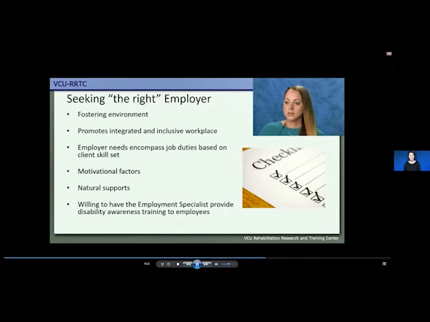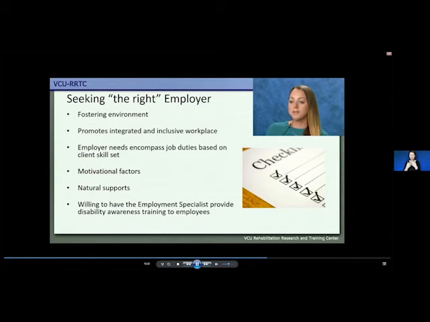So during the process of seeking the right employer, this is the job of the employment specialist or vocational rehabilitation counselor, going through the process of identifying potential employers that could be a match for your client that's seeking work.